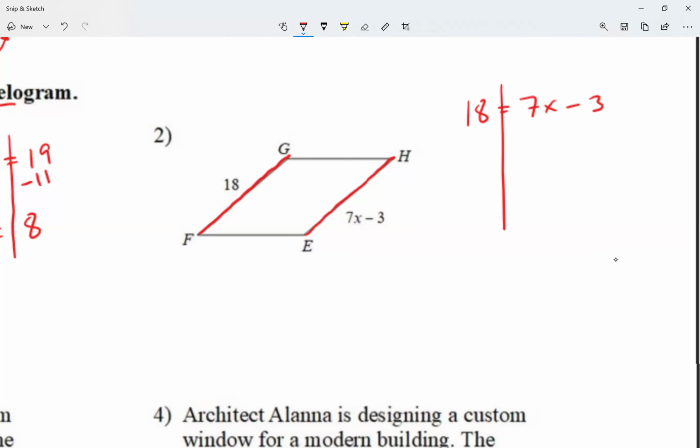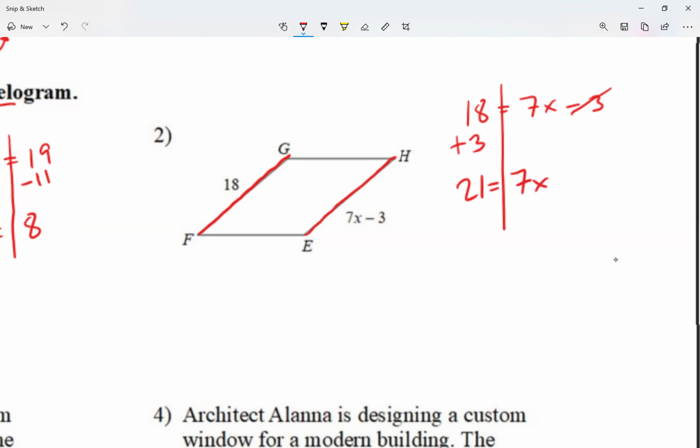I'm going to separate my sides to the equal sign. I want the x's by themselves. I only see x on the right side, right? The 7x. So I want the 7x by itself. So this minus 3, let me move it to the other side as a plus 3. I know 18 plus 3 is 21. So I have that 21 is equal to 7x.